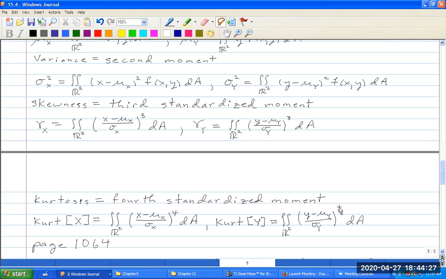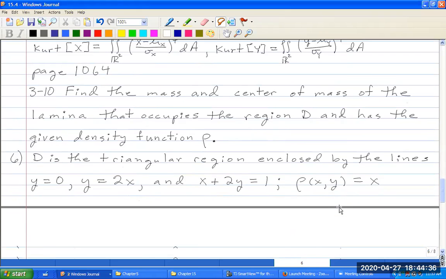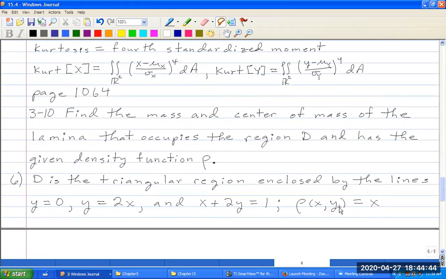Let's say on page 1064. I guess I'll need some room here to do this problem, so let me put in an extra page.